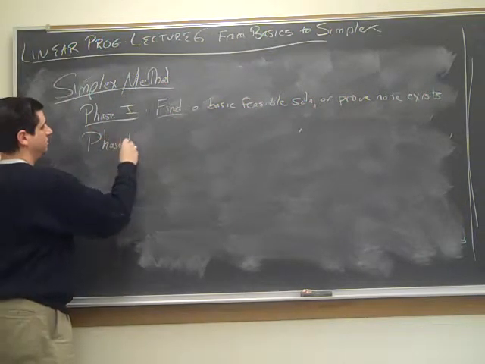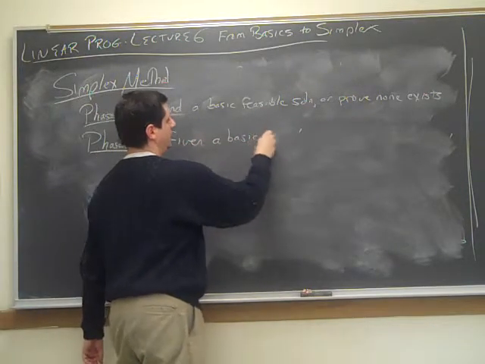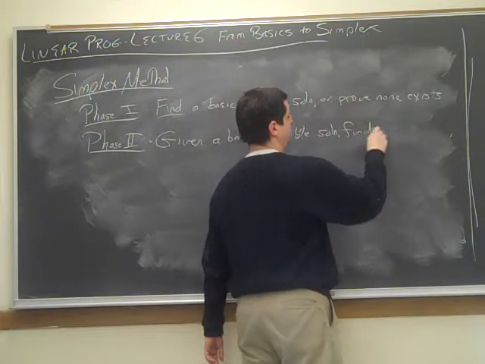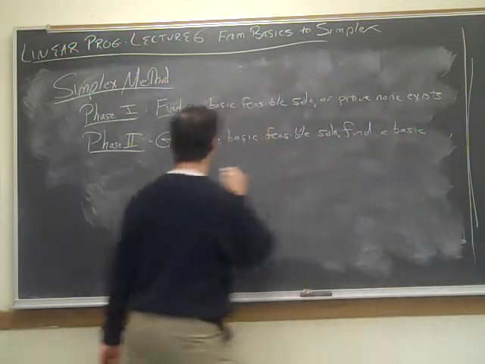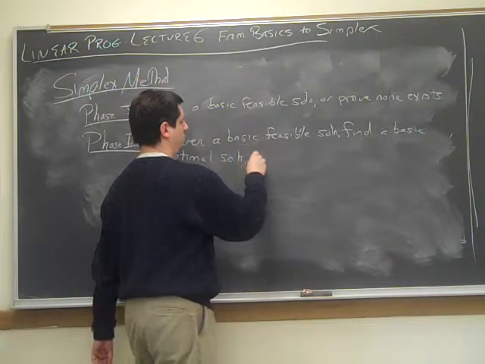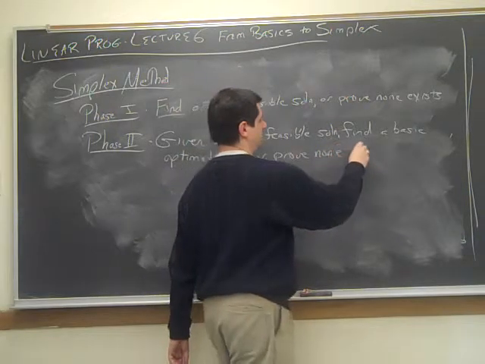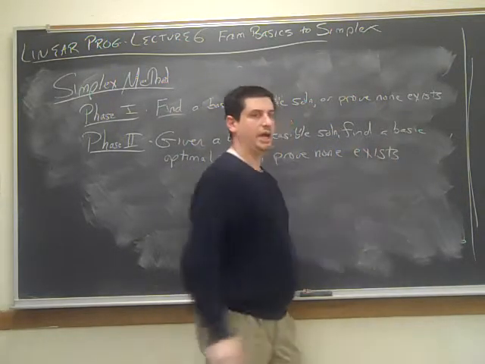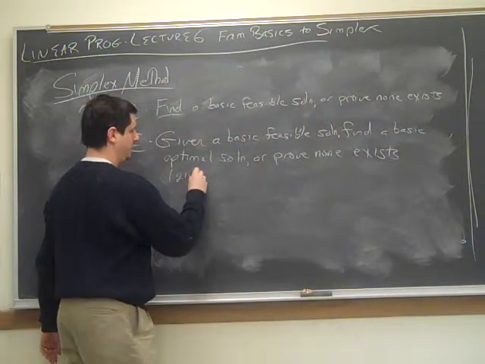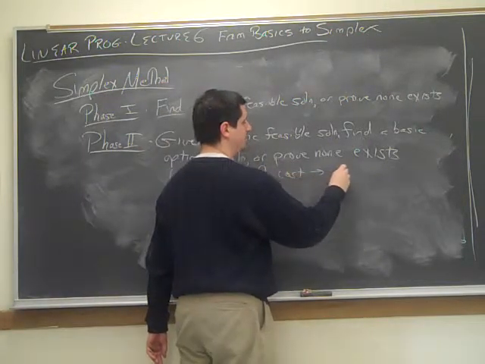Phase 2 is the following. Given a basic feasible solution, find a basic optimal solution or prove none exists. And in fact, the way we'll prove none exists is we'll actually give a sequence with the cost heading towards minus infinity.